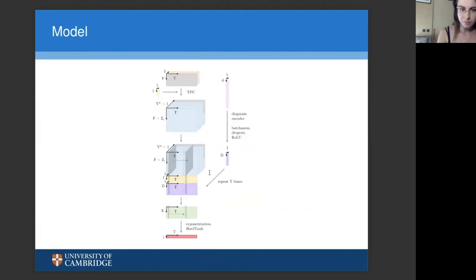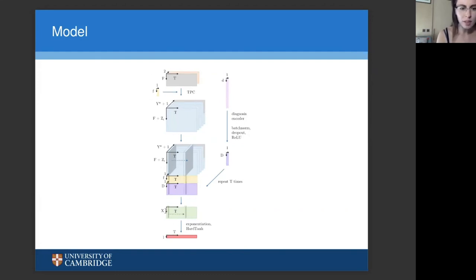And then this is just to say that we also add another branch. So we have some diagnoses coming in here, and we have a diagnosis encoder, which is just a 1-layer neural network here, just to reduce the number of neurons to represent the same amount of data. And we add this onto the output of our TPC model.